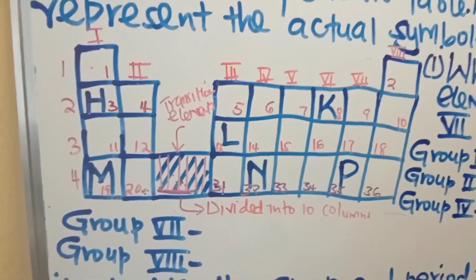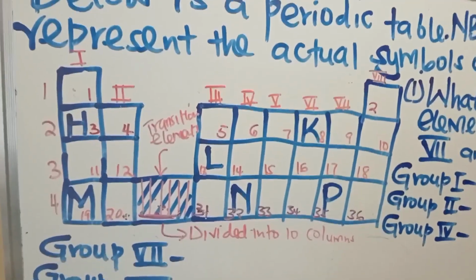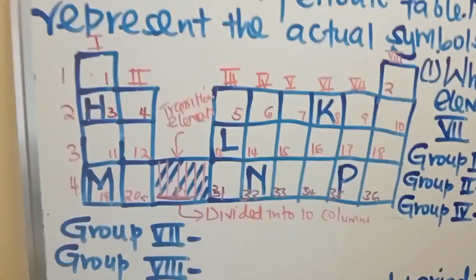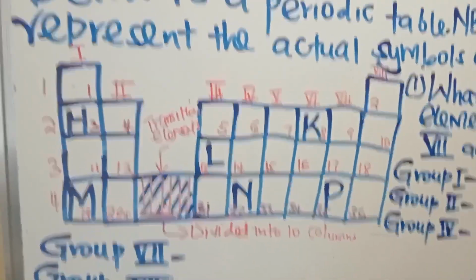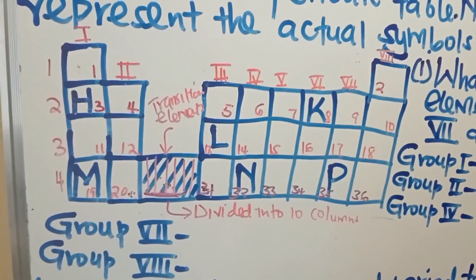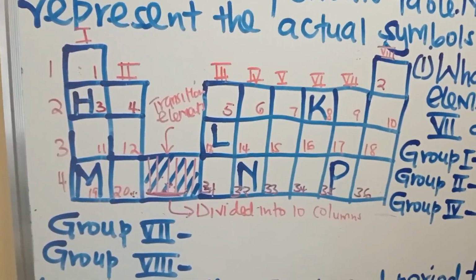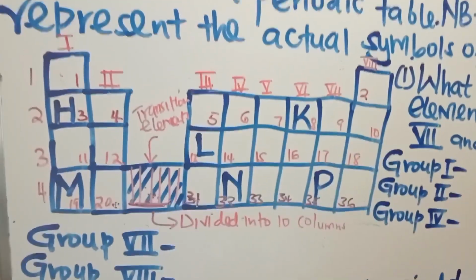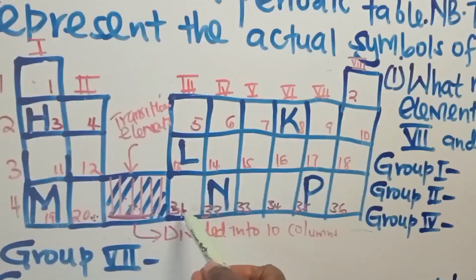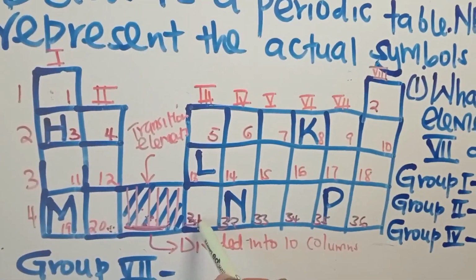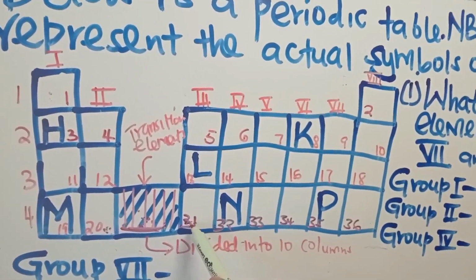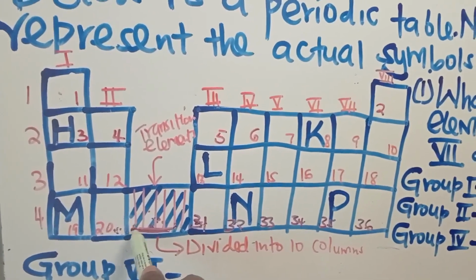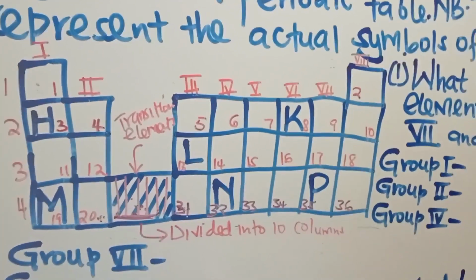In our secondary school syllabus in chemistry, we usually write the electronic configuration for the first 20 elements. So there is no way that you'll be asked to write the electronic arrangement for elements from number 21 and upwards.